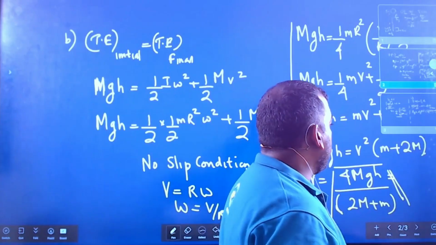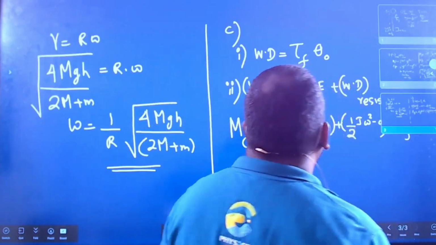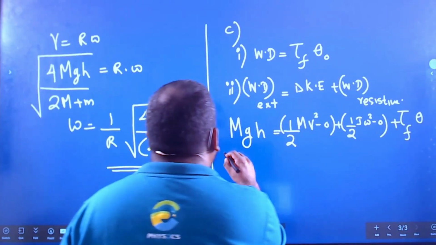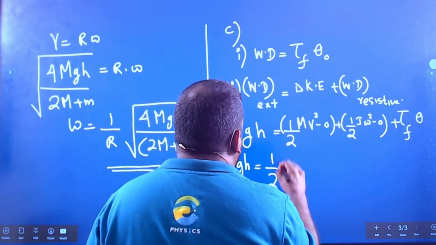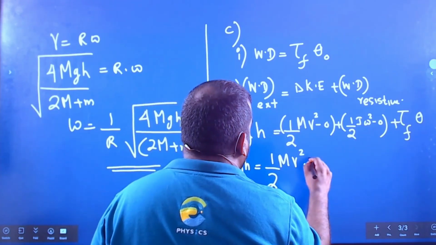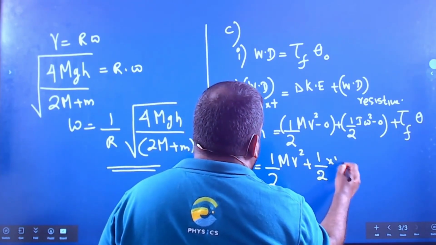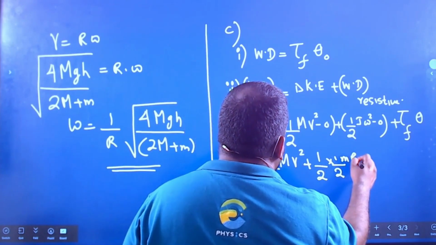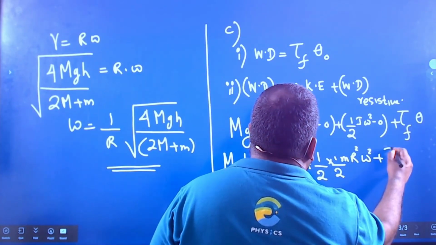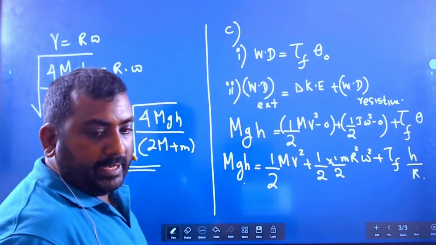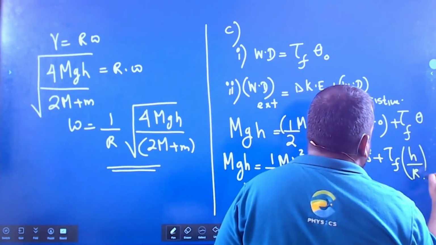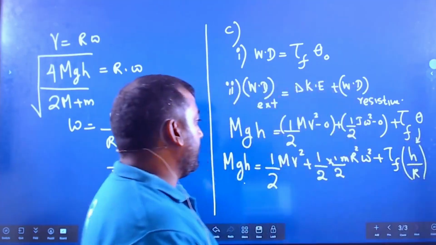So go back. Now we can substitute here. mgh equals half mv squared plus half I omega squared plus frictional torque into h over r. Theta is h over r.